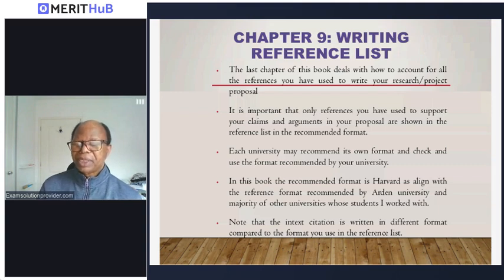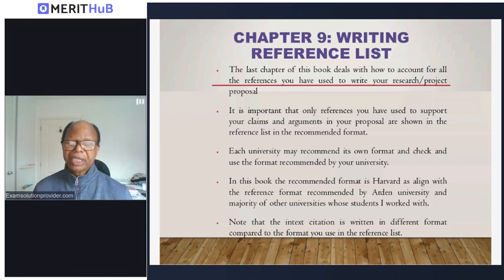Now, some students make a mistake: they copy reference lists from somewhere else and paste them into their reference list. No, if you do that, the whole proposal is going to fail, because we check the references you have used in the document and compare them with the references in the reference list. They need to match.